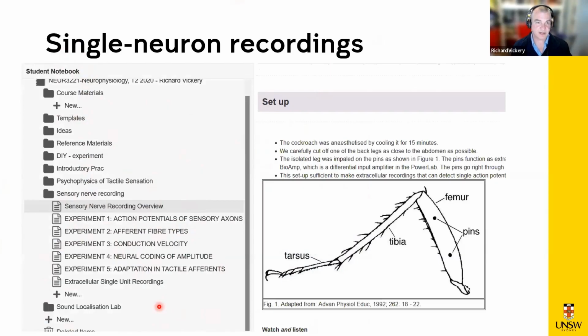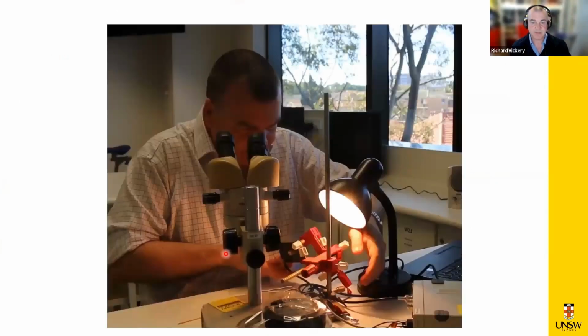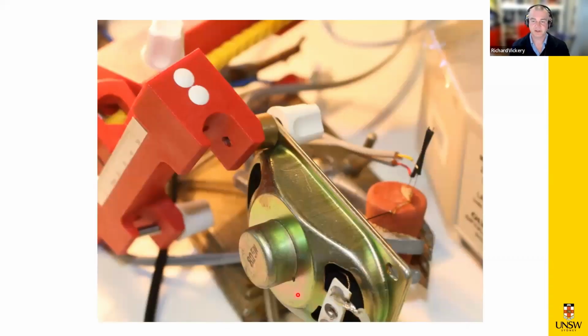And let me show you the setup. So here, we need a microscope to see it. We've got a stimulator that I'll show you in a little bit more detail, and we've got a cockroach leg that we have got some pins in and that are going to give us our signals. So this is a cork with the cockroach leg. Here are the recording pins going into the bioamp on the PowerLab.